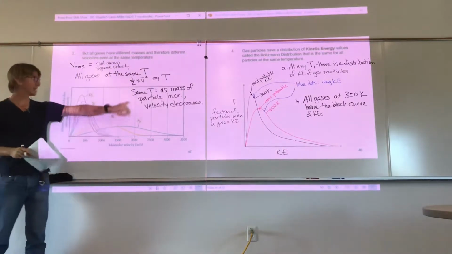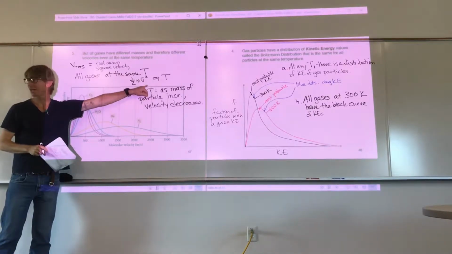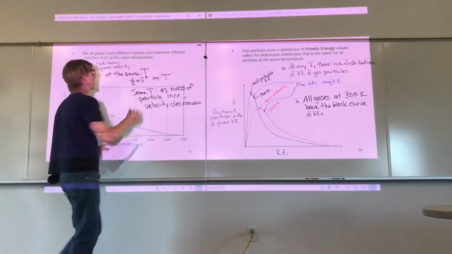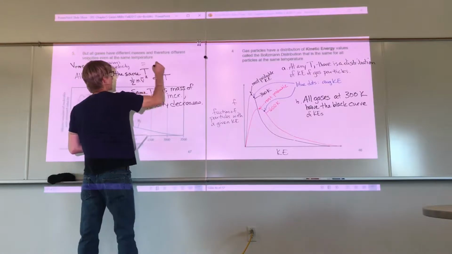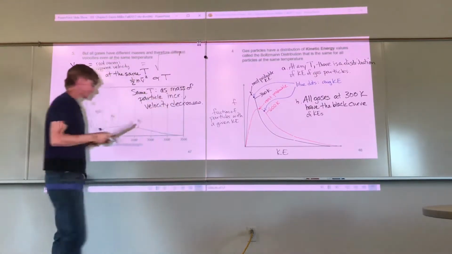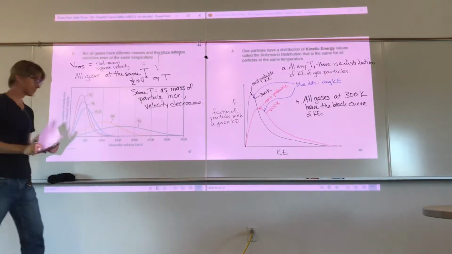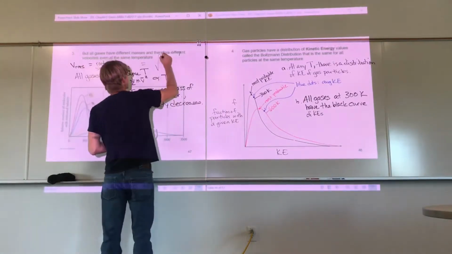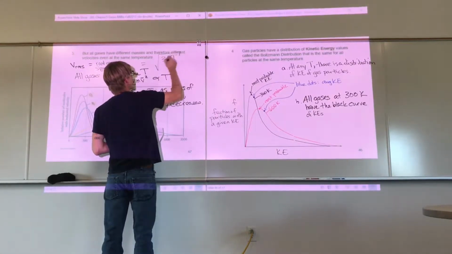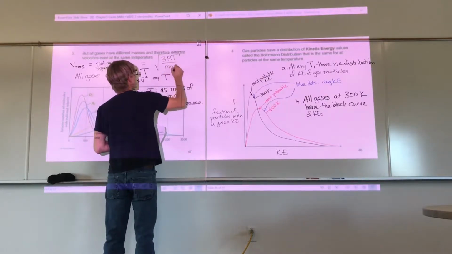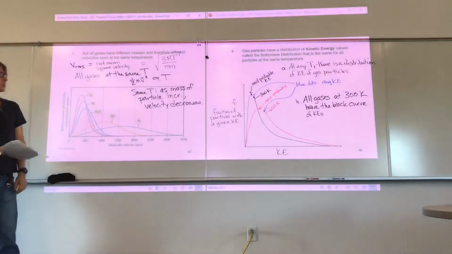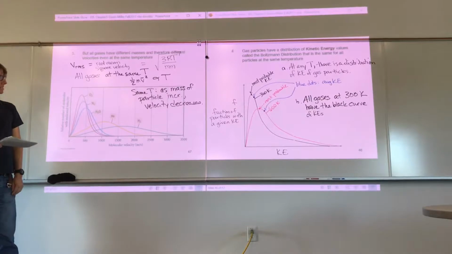That has to do with the fact that this is squared right here and we're taking the square root of it. Equal sign, square root of 3RT over molar mass.